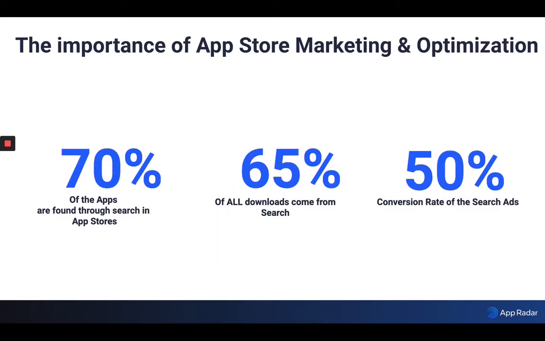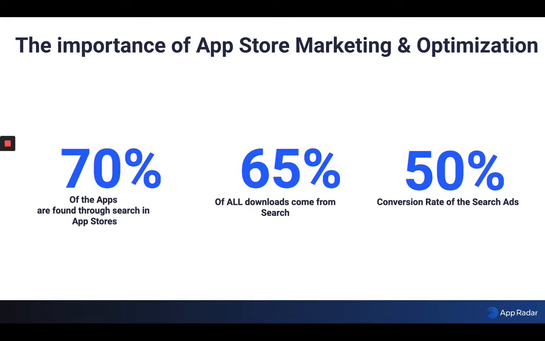Why is it so important to focus your efforts on optimizing the app store channel? Basically, 70% of apps are found through search, and 65% of all downloads come from search. So that means, out of paid acquisition from social channels, affiliate channels, and organic channels, 65% is quite significant.